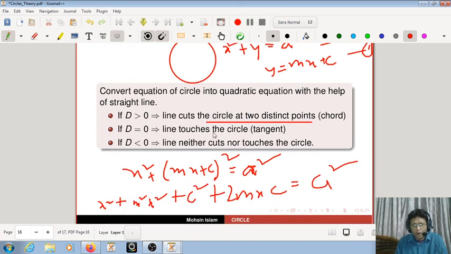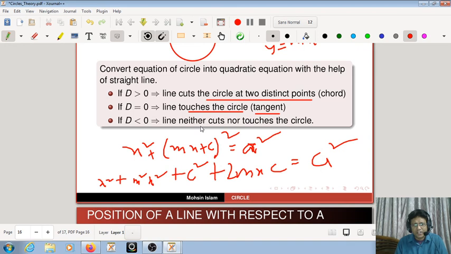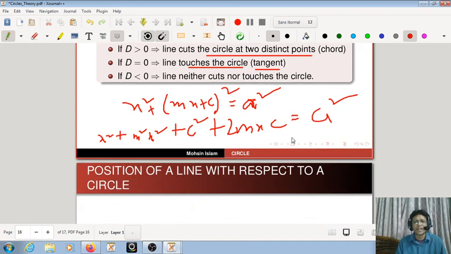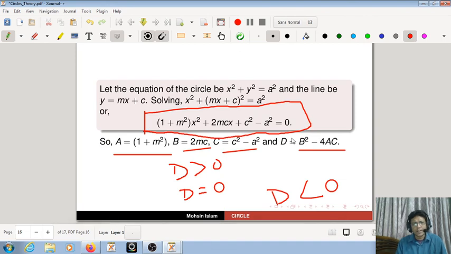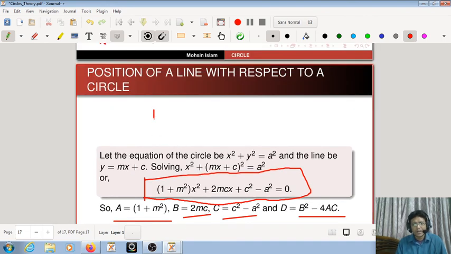If D equals 0, the line touches the circle and it gives you the tangent to the circle. This is the condition for tangency. And if D is less than 0, it neither cuts nor touches the circle. Imaginary tangents.